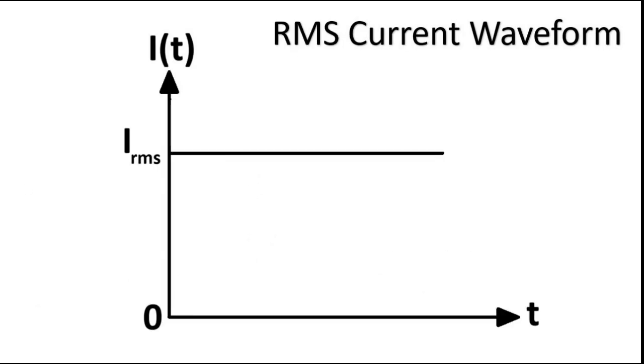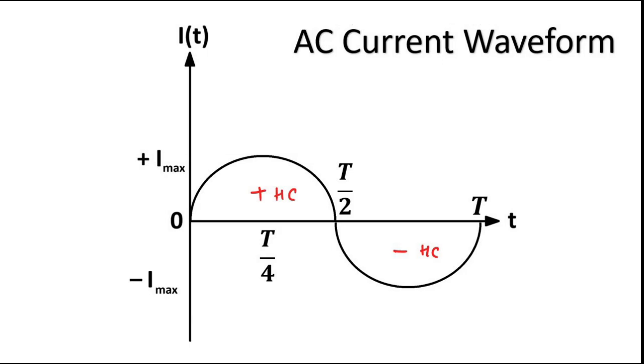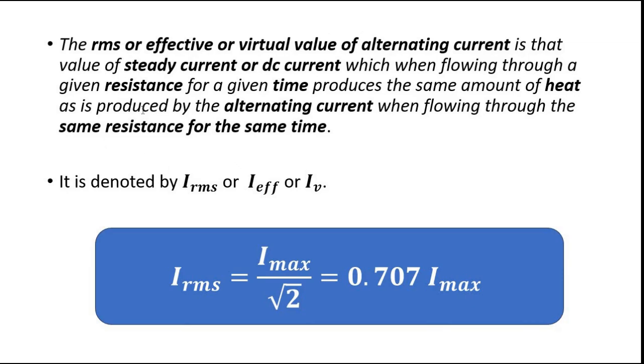So what is the definition by which we measure RMS value? The definition of RMS value is the root mean square, which is also called the effective value or virtual value of alternating current.